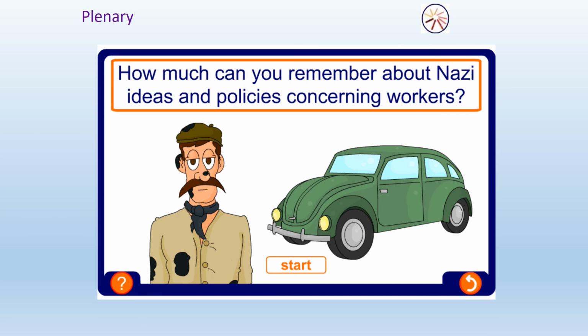So the KDF was responsible for organizing holidays for workers. The DAF was the abbreviation for the Beauty of Labor movement. The SDA was the abbreviation for the German Labor Front.